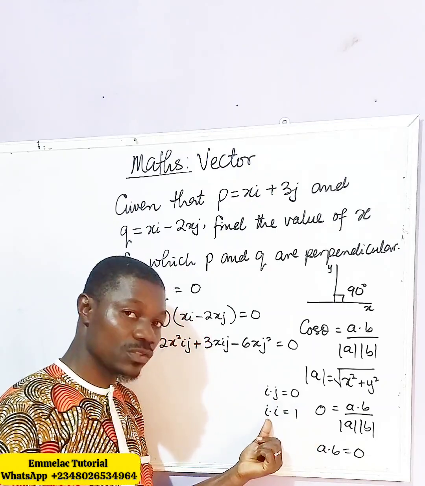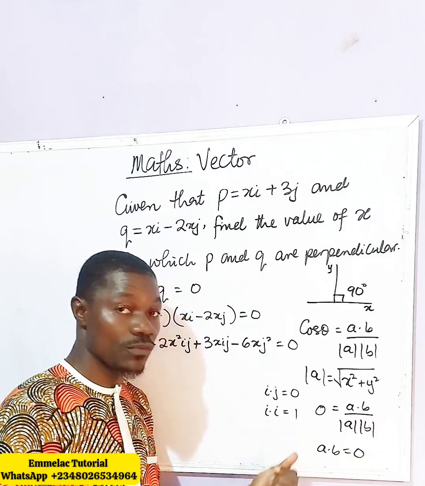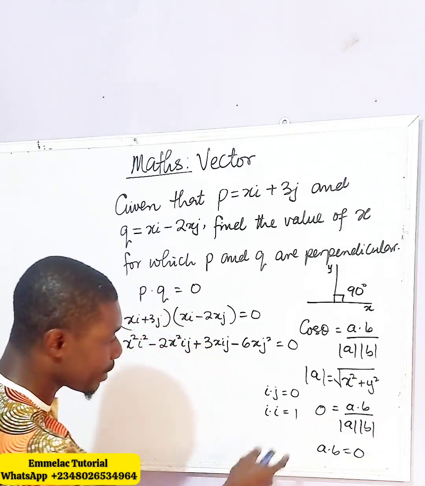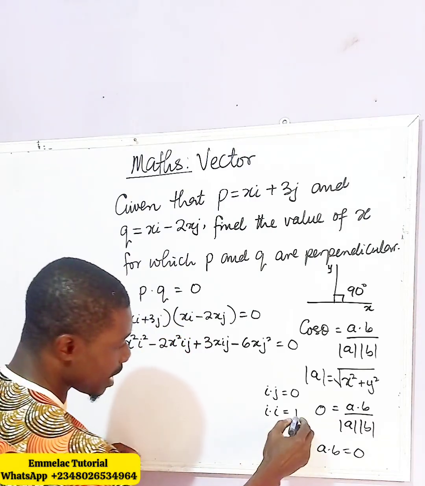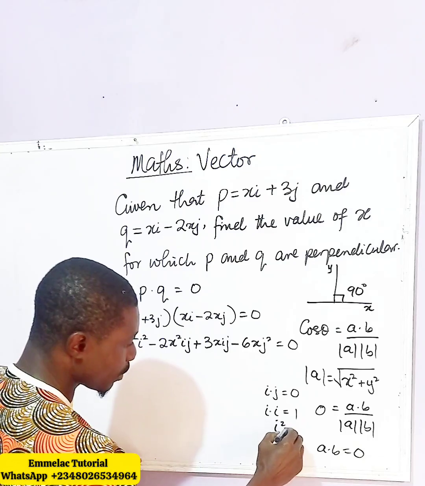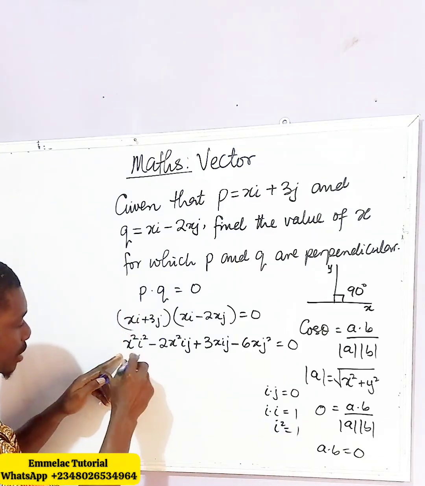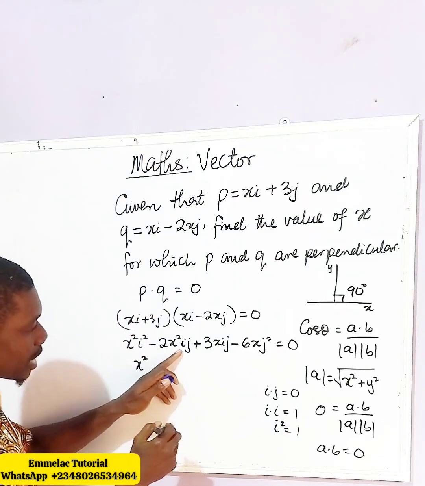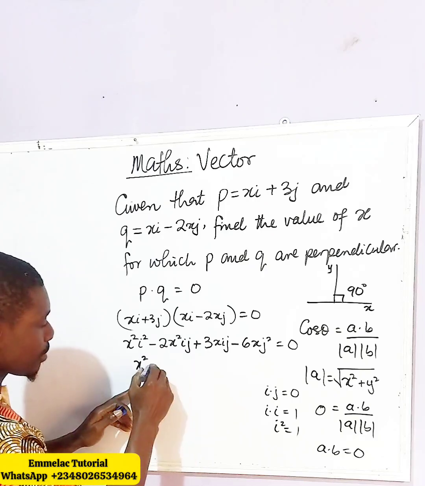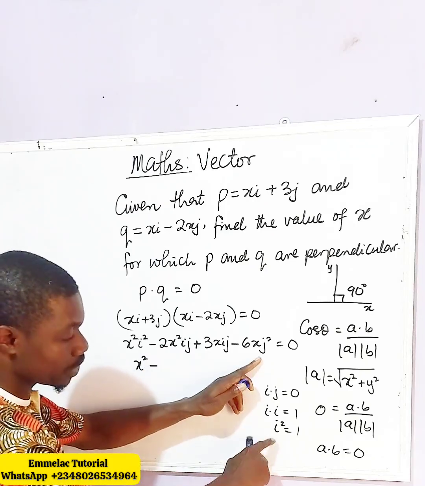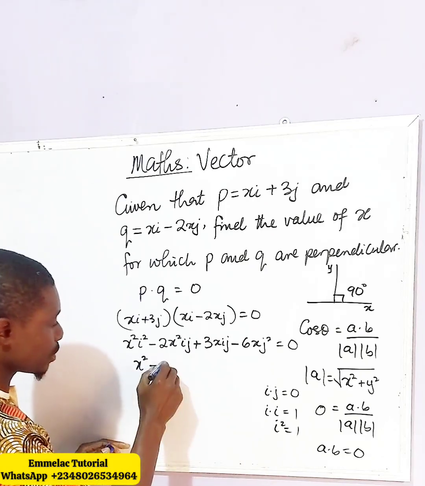A unit vector multiplying itself will give us 1. So applying this rule here, i squared equals 1, so this one is 1, giving us x squared. Now this ij is 0, so this then minus 6x j squared, which is the same thing as 1, gives us minus 6x equals 0.